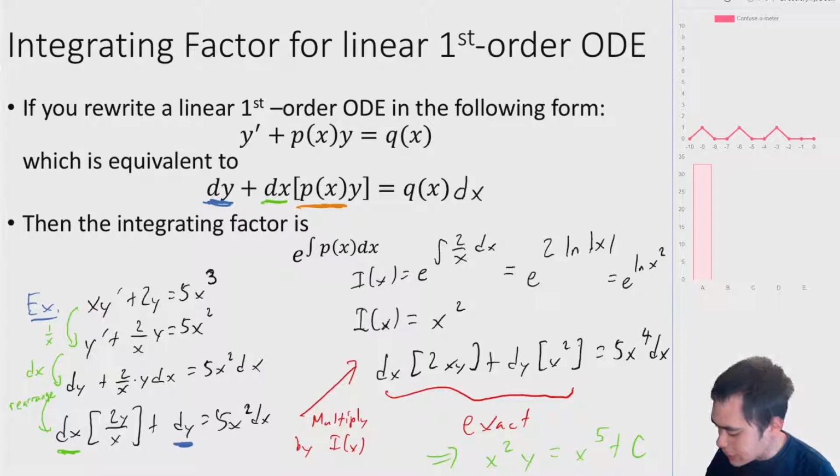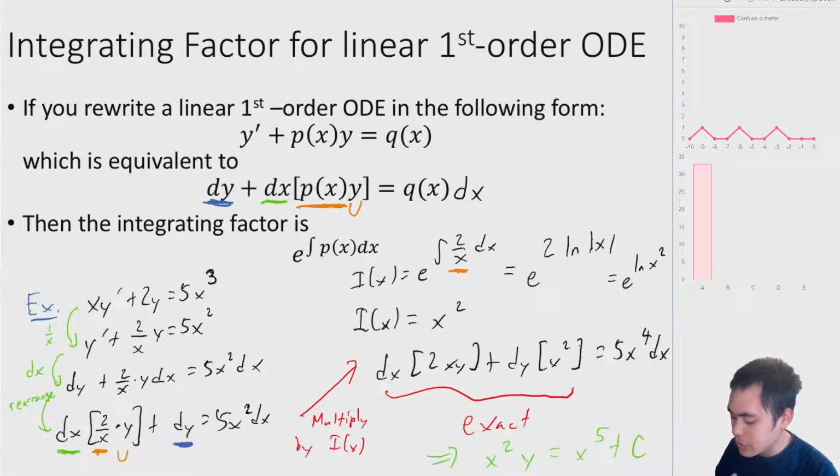So let me rewrite this in a slightly different form to make it more obvious. So this is 2 over x times y. So we have our p of x and we have our y. And we take our p of x and we put it up here because that's where our p of x goes.